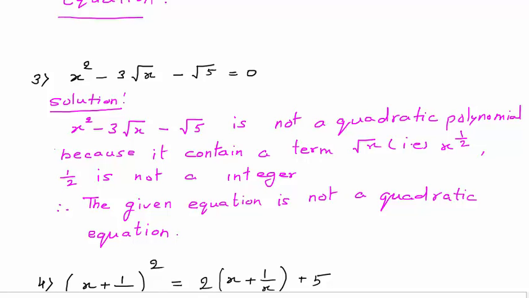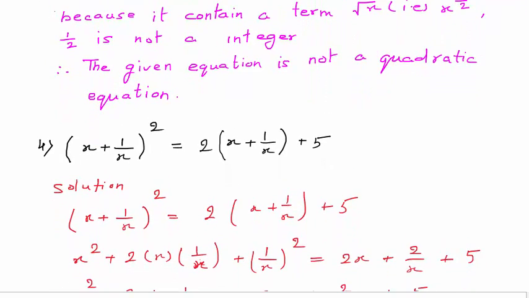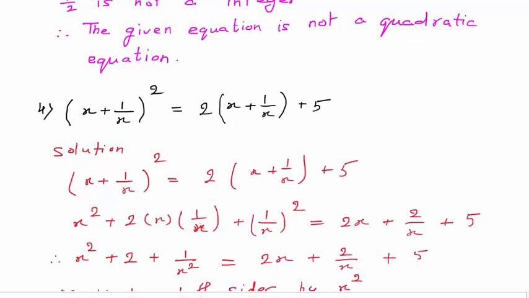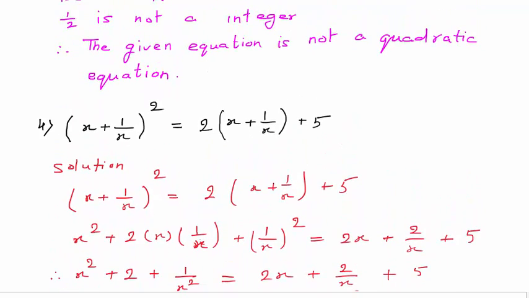Fourth problem is x plus 1 upon x the whole square is equal to 2 times x plus 1 upon x plus 5. So we first simplify it.